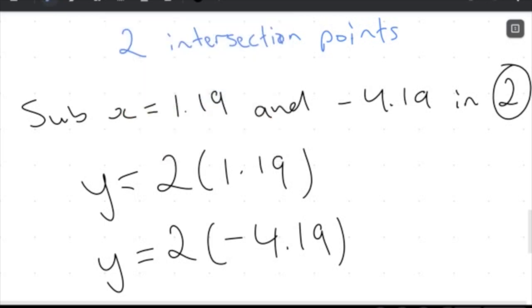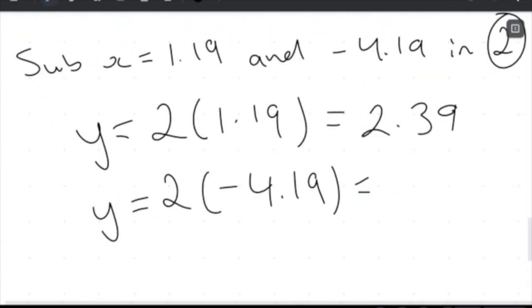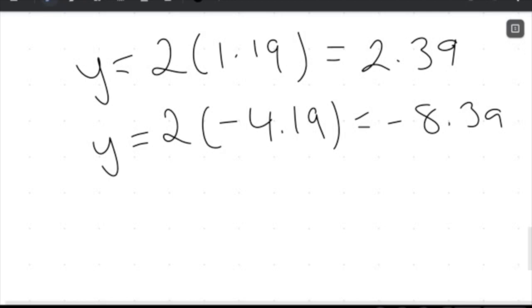And here I'm going to get, to 2 decimal places, 2.39. If I use that exact value, I've rounded this, but using that exact value gives me this and gives me this here. So these are my 2 points.